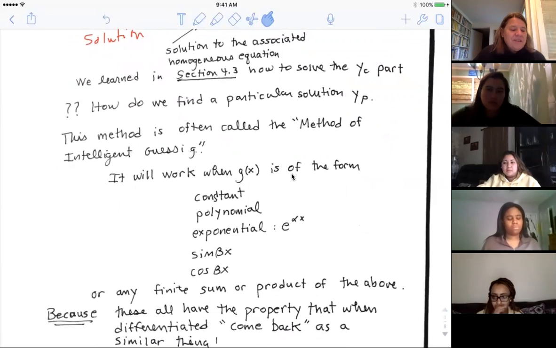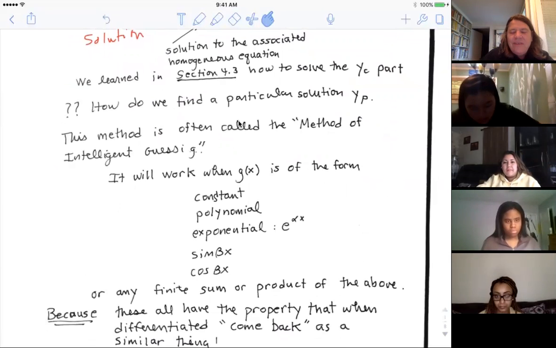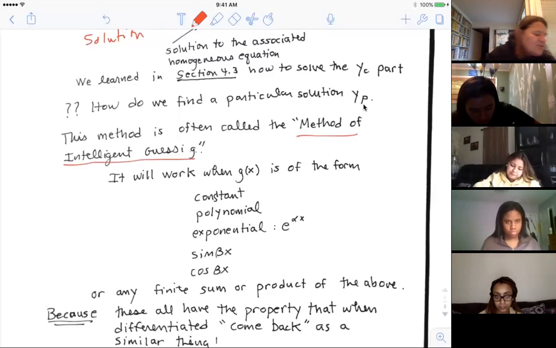It's not particularly hard. It is messy, and you'll see that we sort of have to guess at a solution, but the guess is not random. We can figure out how to do that. So for that reason, this type of method often is called the method of intelligent guessing.